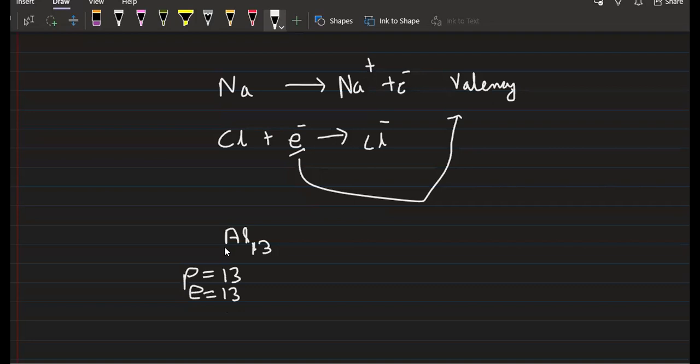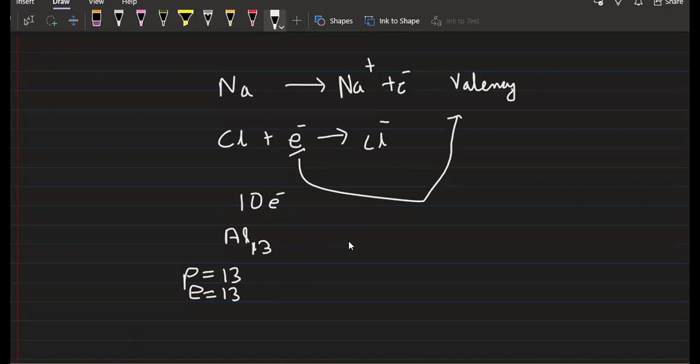So I said that sodium and aluminium need only 10 electrons to be stable. If aluminium needs only 10 electrons to be stable, what will be the tendency of aluminium? Suppose we have chlorine also.